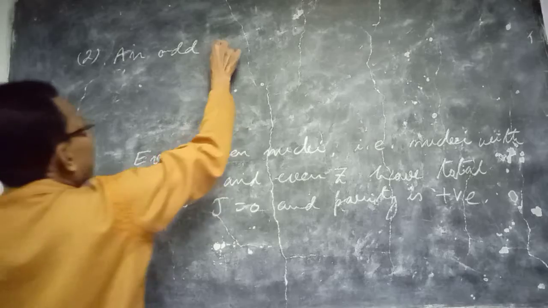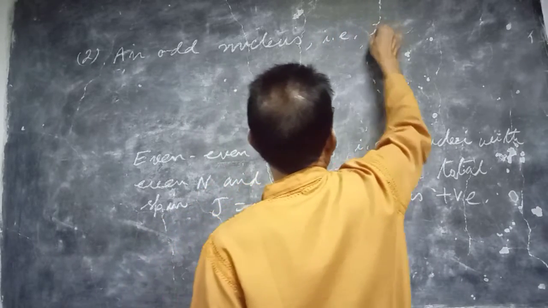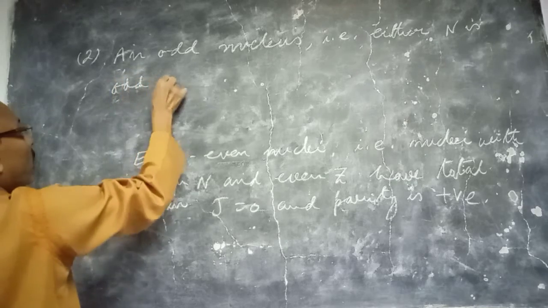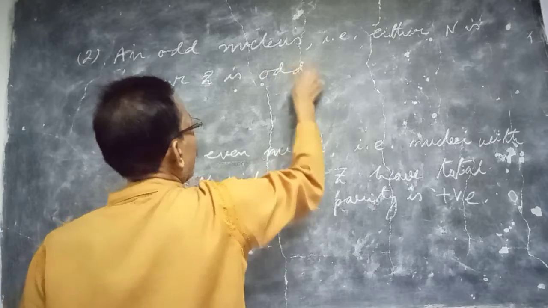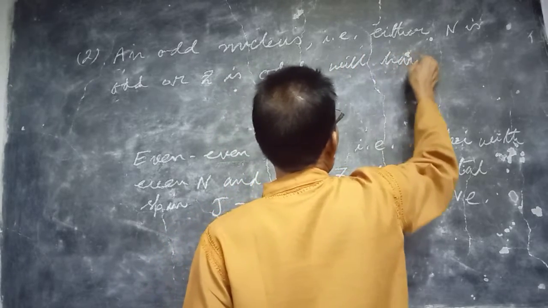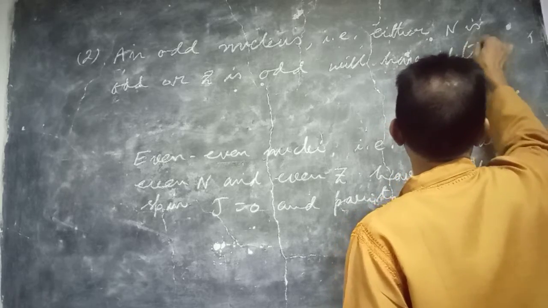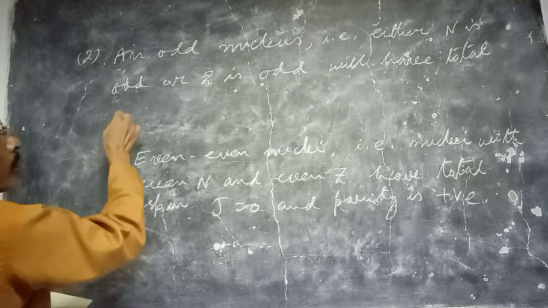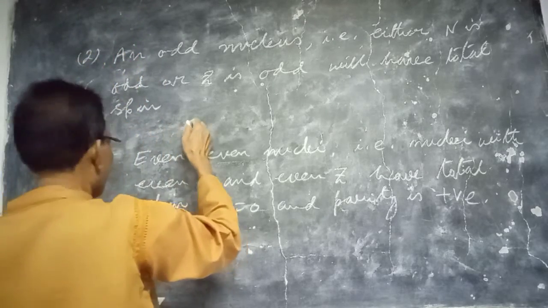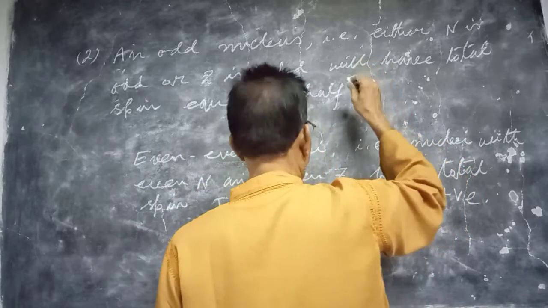An odd nucleus, that is, either N is odd or say Z is odd, will have total spin, obviously ground state spin, which is equal to half integral angular momentum.